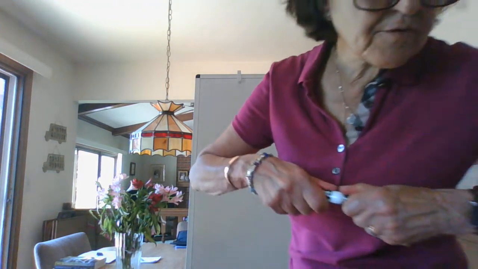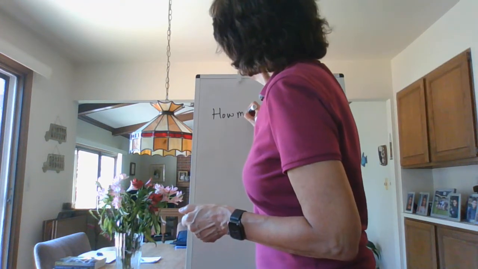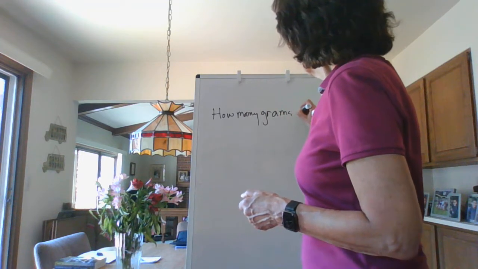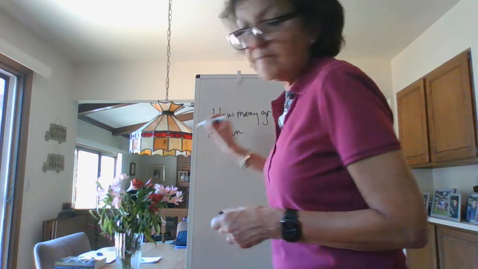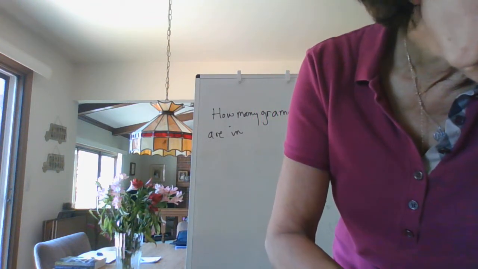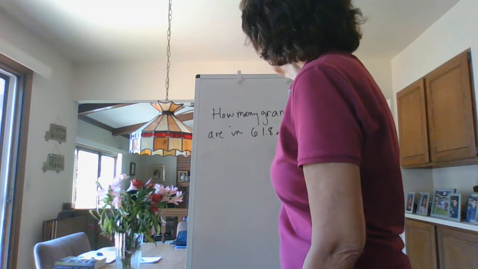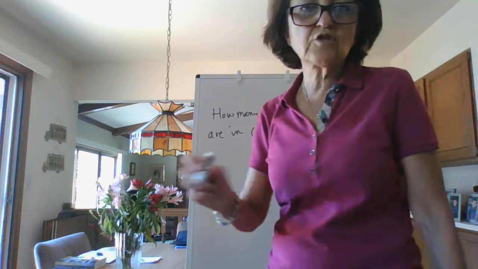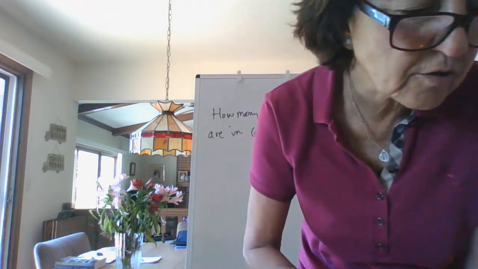How many grams of carbon are in 61.8 grams of sucrose? Sucrose is just table sugar. You've heard of glucose. Well, sucrose is just table sugar.